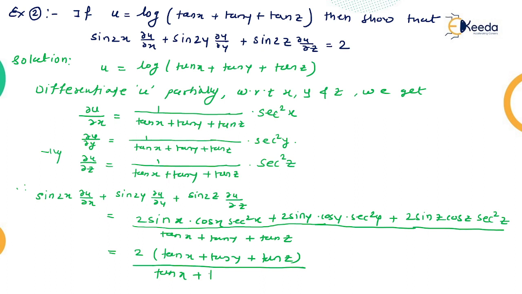So the numerator and denominator cancel and your answer is equal to 2. Hence the proof. I hope you understand this problem very well. Now we take example number three.